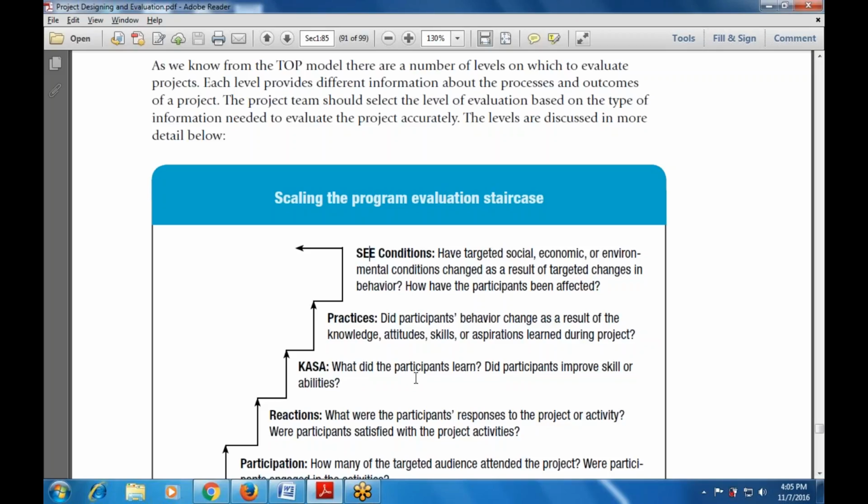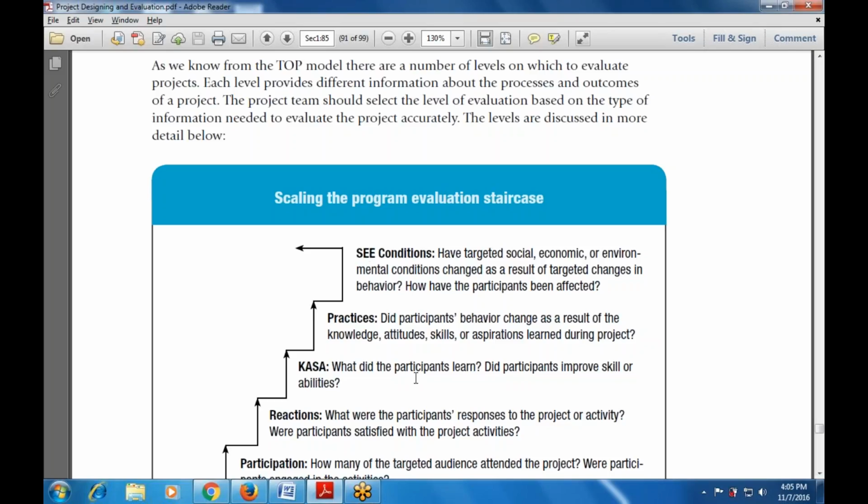What is the criteria by which the participants learn? Did the participant improve their skills, knowledge, or abilities? Did the participants use their skills, attitude and behavior, whatever the problem that is used with this?